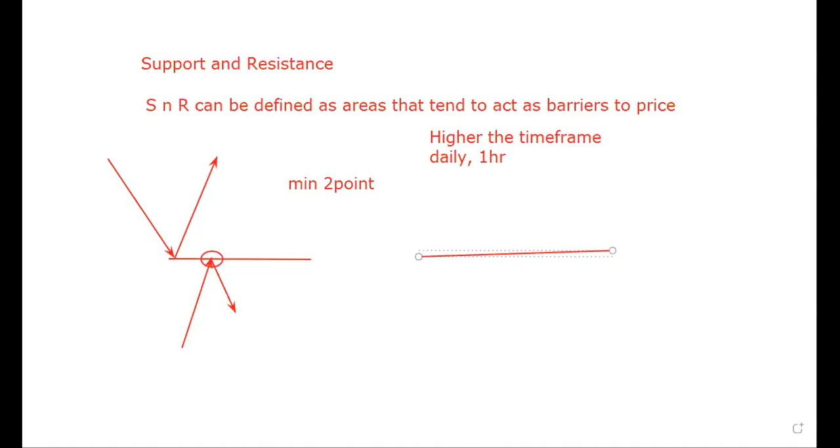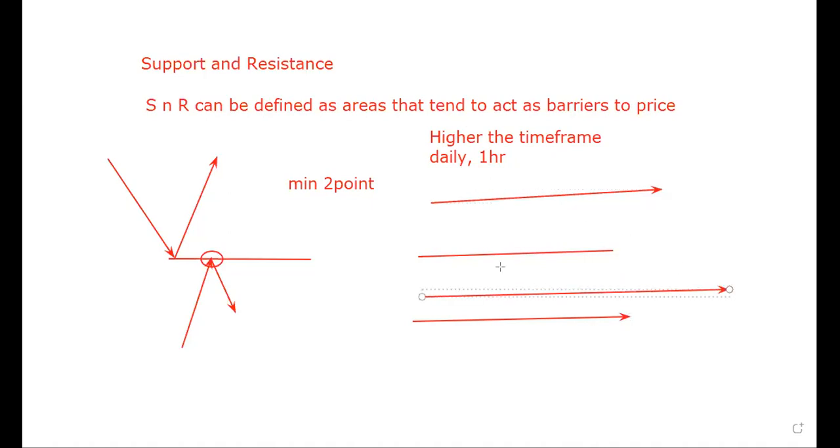Now, if you are able to identify the current price, let's assume that these are support or resistance. Let's assume this circle is the current price. Any straight line that you draw that is below the current price is known as support.